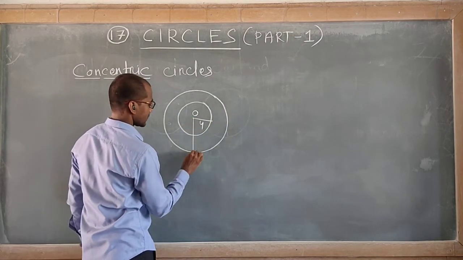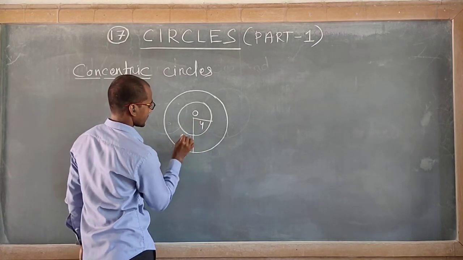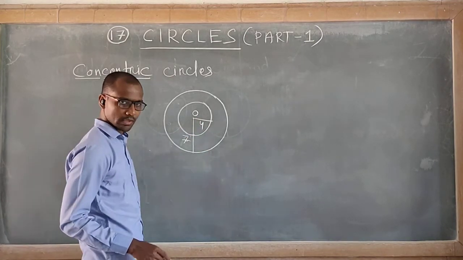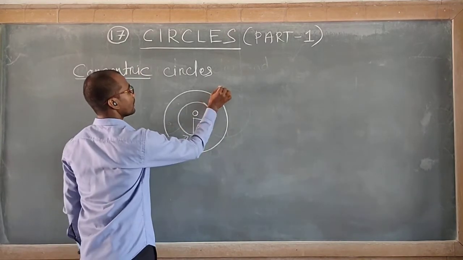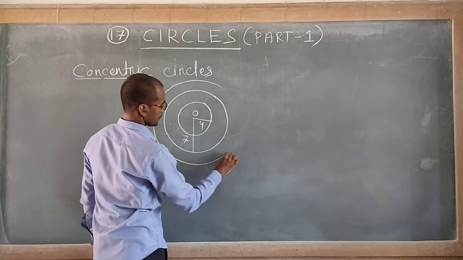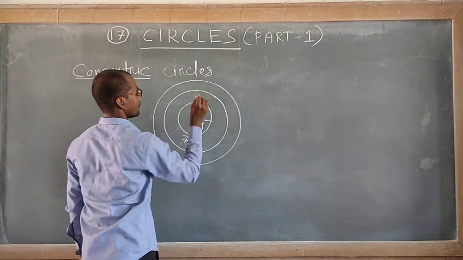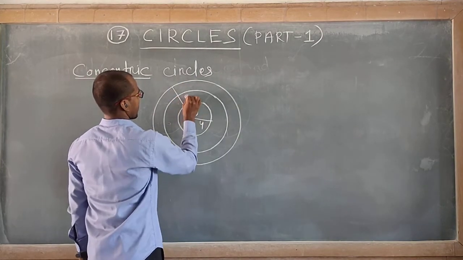Suppose its radius is 7. Again taking O as the center, I will draw another circle. Suppose its radius is 9.